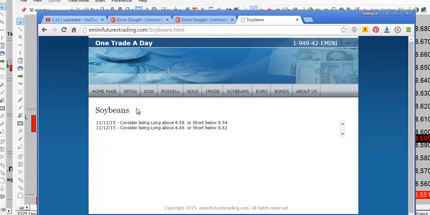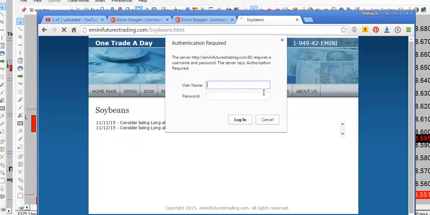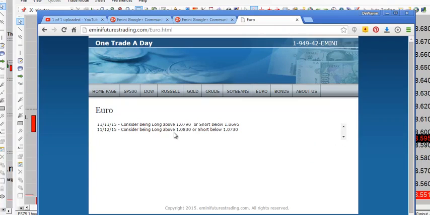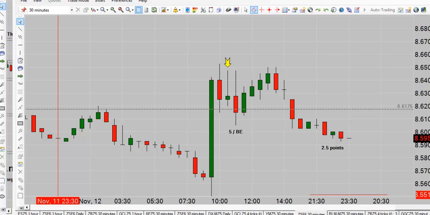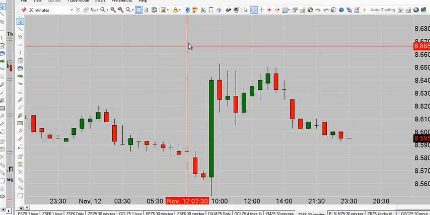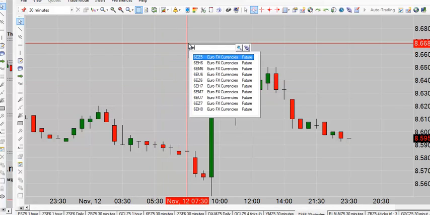So far, the S&P was a go, the Dow was a go, the Russell, gold, crude, soybeans. How about the euro? Let's find out. Long above 108.30, short below 107.30. Okay. Make all our drawing objects go away. Turn this into a 6E chart.